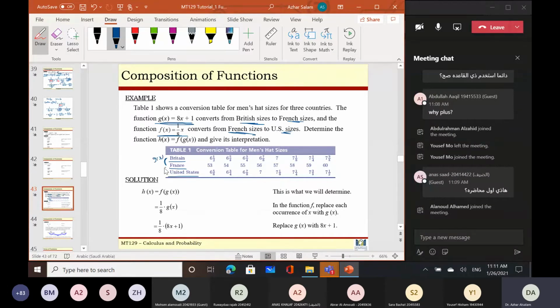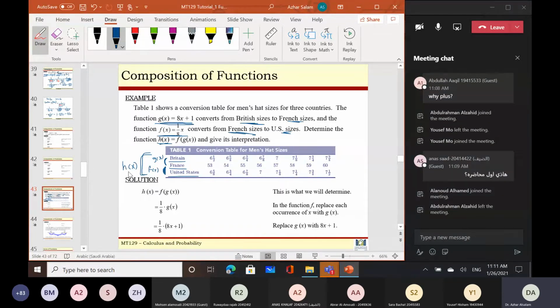And if I have to convert from French size to US size, I use the function f. Okay, determine the function h and give its interpretation. Of course, if I have the composition of g and f, I will have the function h, which converts from the British size to the United States size.